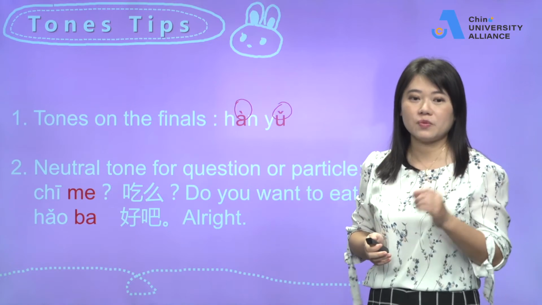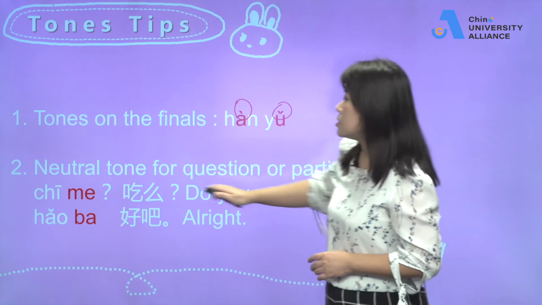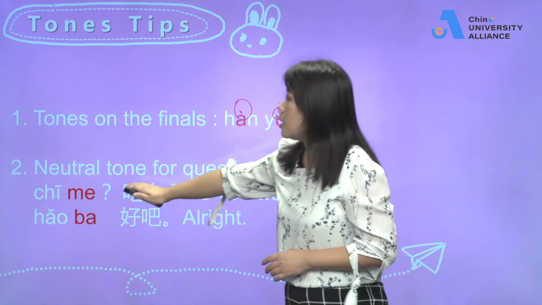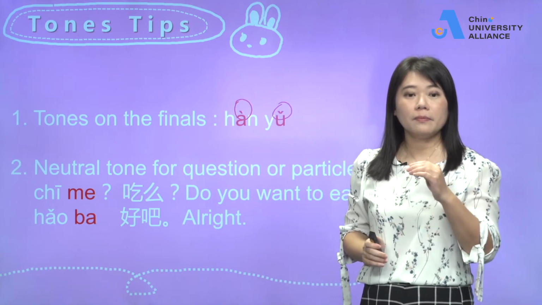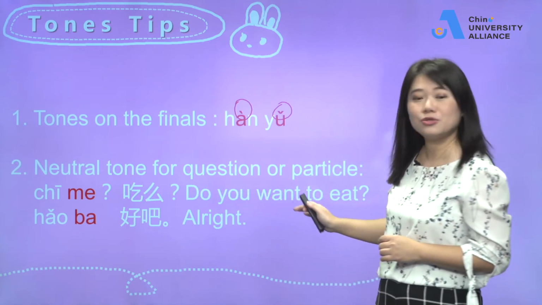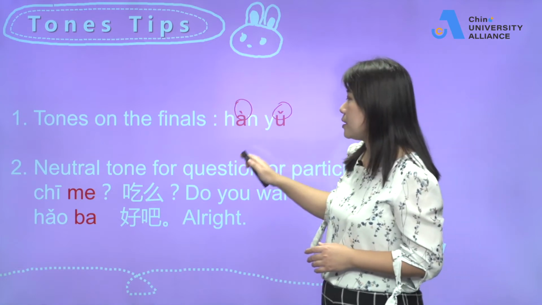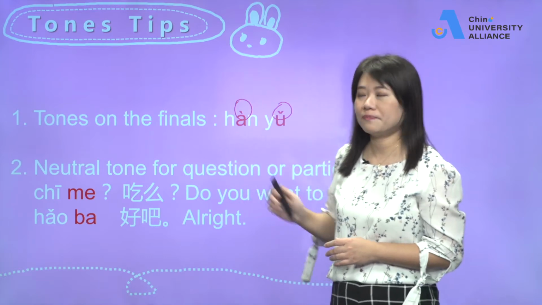It's a very light one. For example, in a question, 吃吗? The ma is not the full tone, but a very short way. It is a sentence, means that, do you want to eat? So when it is put in a question sentence, it is a neutral tone, ma.